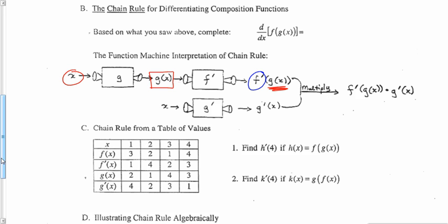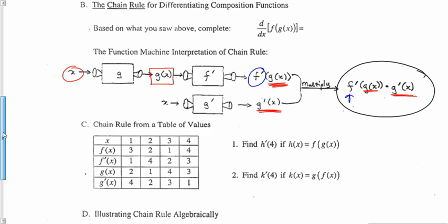Then I'm going to multiply by the derivative of the inside. So that's what we have over here. The derivative of the outside of the inside times the derivative of the inside. Of course, f is the derivative of the outside, f prime.